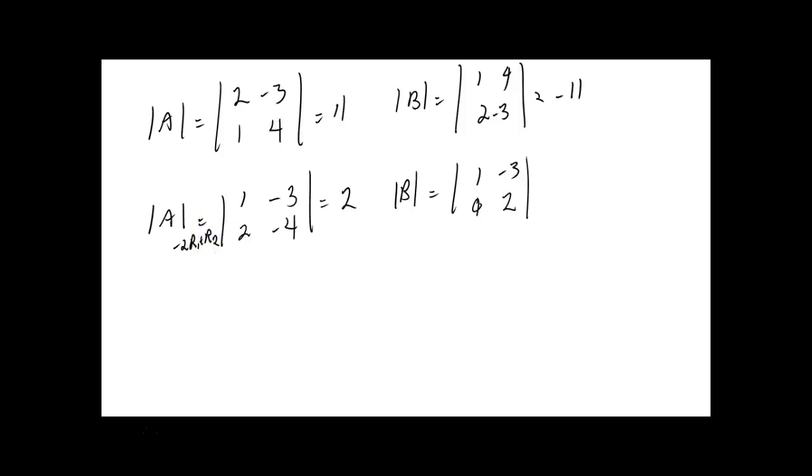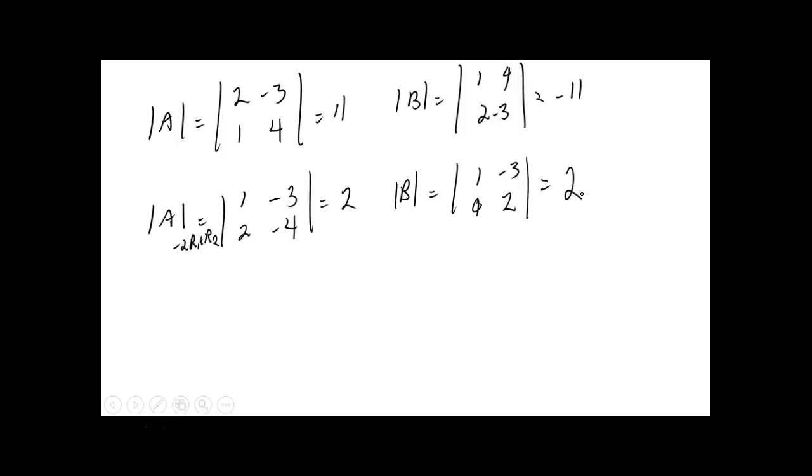That sure would have given you a 0 at the first one, wouldn't it? What would it give you for the second? 2. So that's what we did. Another elementary row operation. Very legal. What's the determinant of that one? 2 also.